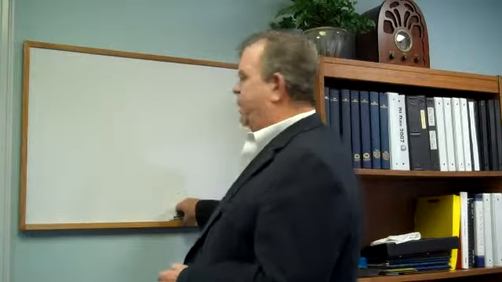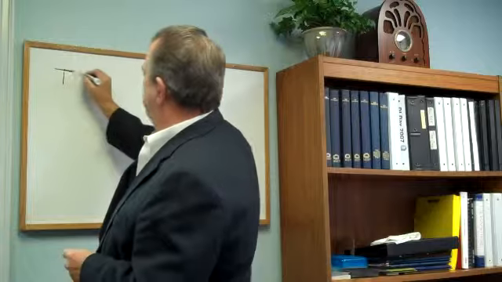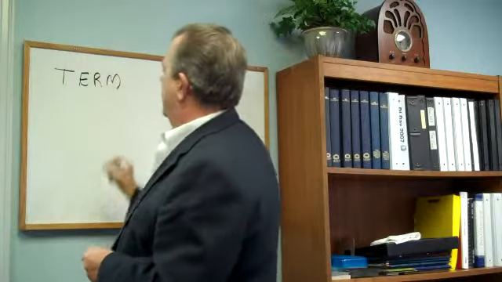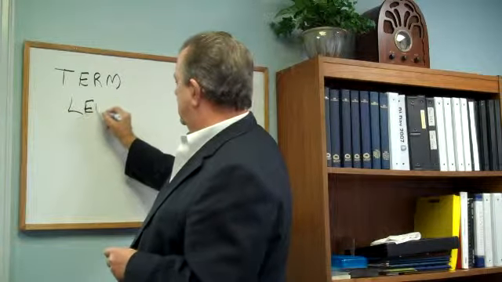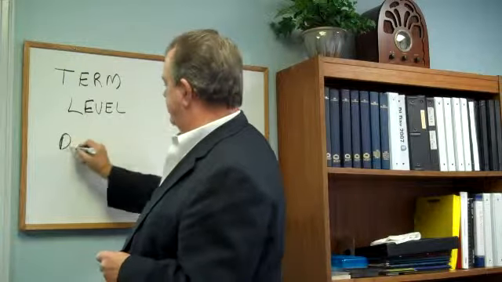First, we're going to start off, as I mentioned, with term. So you basically have two types of term insurance. You have term insurance that's level, and you have decreasing.